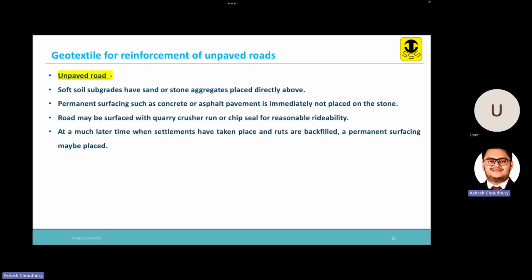Up to now we have completed the types and functions of different geosynthetics, different properties of geosynthetics, the mechanism of reinforced soil, and reinforced soil wall design. Next, we are left with geotextile reinforcement of unpaved roads, which we will discuss today.